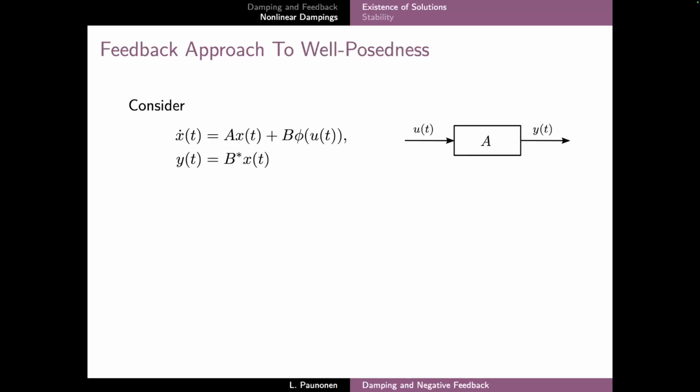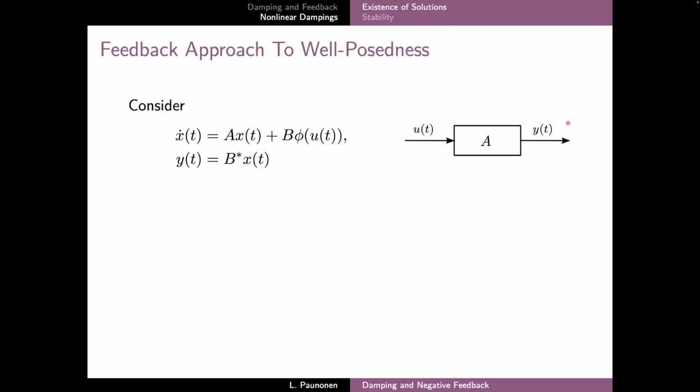But we can again benefit from the approach of systems theory and feedback. And in this situation, we can start by looking at a system, again with the main operator A, and with an input, but this time we include the function phi in our input. So this makes this a nonlinear system.